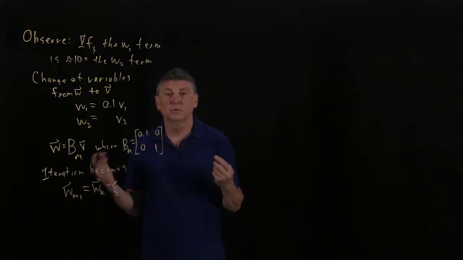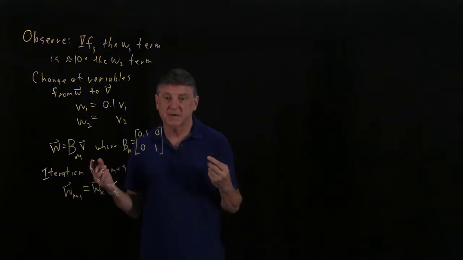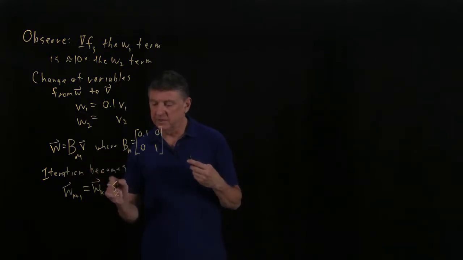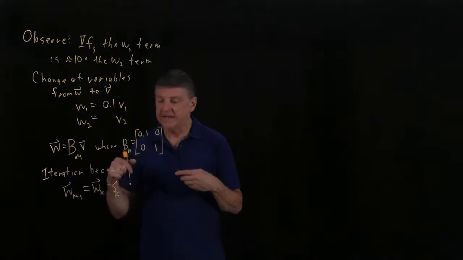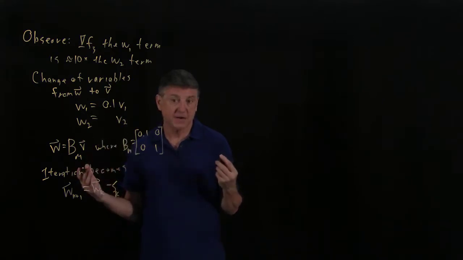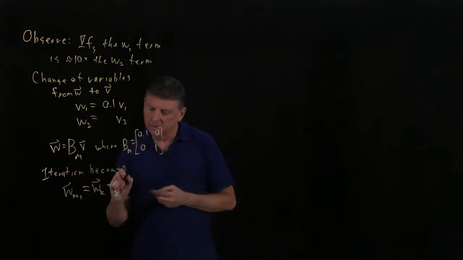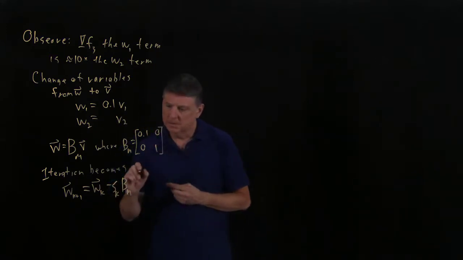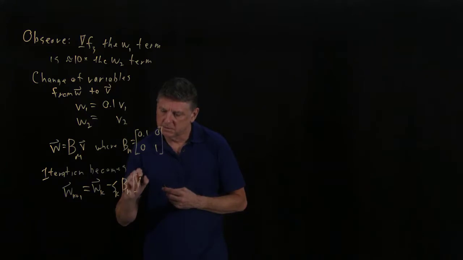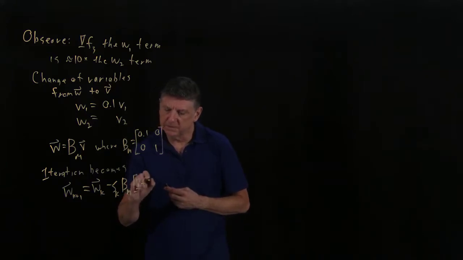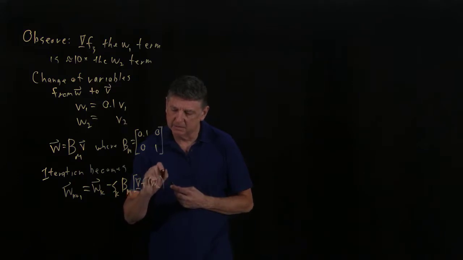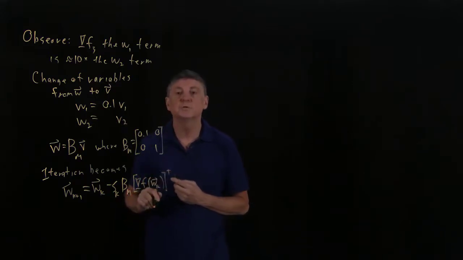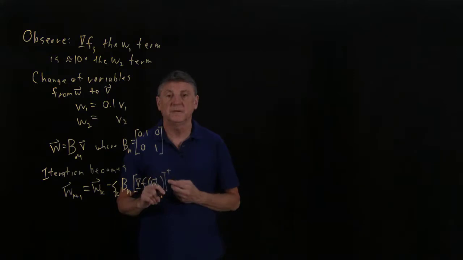If we're looking at a fixed step size, that will be fine, and if we're looking at backtracking, that will be variable. This is times the matrix B times the gradient of the function evaluated at estimate k, transposed, so it goes from being a one-form to being a vector.